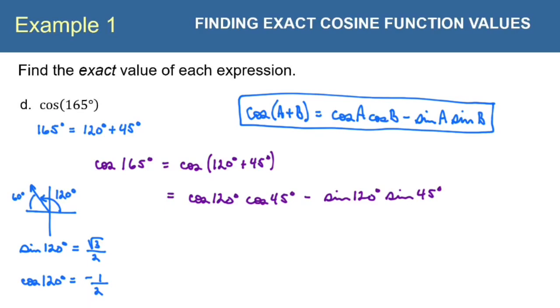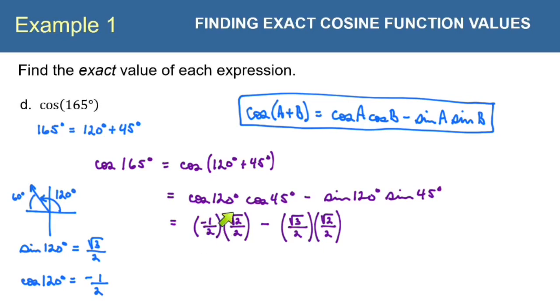Now let's substitute our known values into the formula. The cosine of 120 degrees we replace with negative 1/2. Cosine of 45 degrees we know is square root of 2 over 2. Then we have our minus sign. Then the sine of 120 degrees is square root of 3 over 2. Sine of 45 degrees we know is square root of 2 over 2.